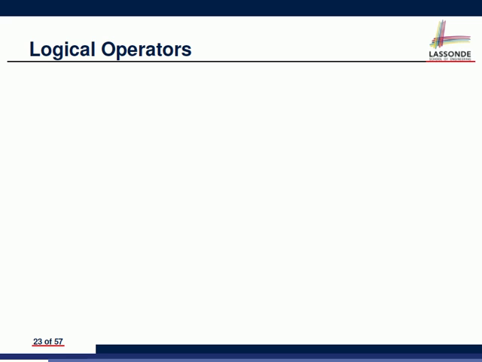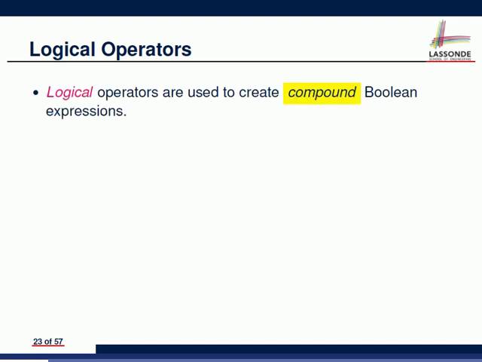What I want to do is logical operators, because there's something that you will find useful for your labs. Okay, what are logical operators really? They are basically just for you to create compound Boolean expressions. Compound, you can think of as complicated, something that's beyond simplicity.